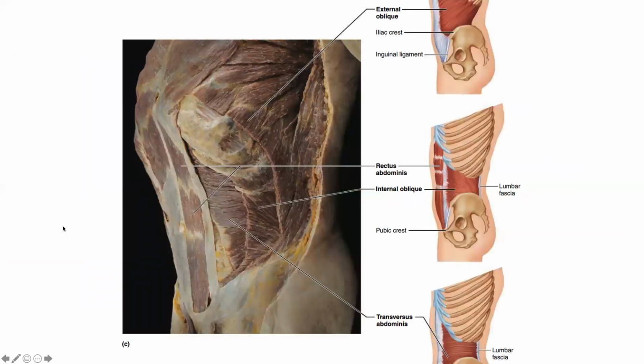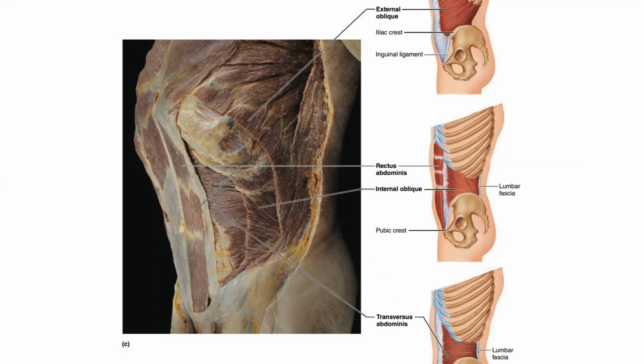Now we are looking at the external oblique and other abdominal muscles again. We have the downwards and medially oriented external oblique, the downwards and laterally directed internal oblique, and the horizontally running transversus abdominis muscle. And in the center, we have the left and right rectus sheath.